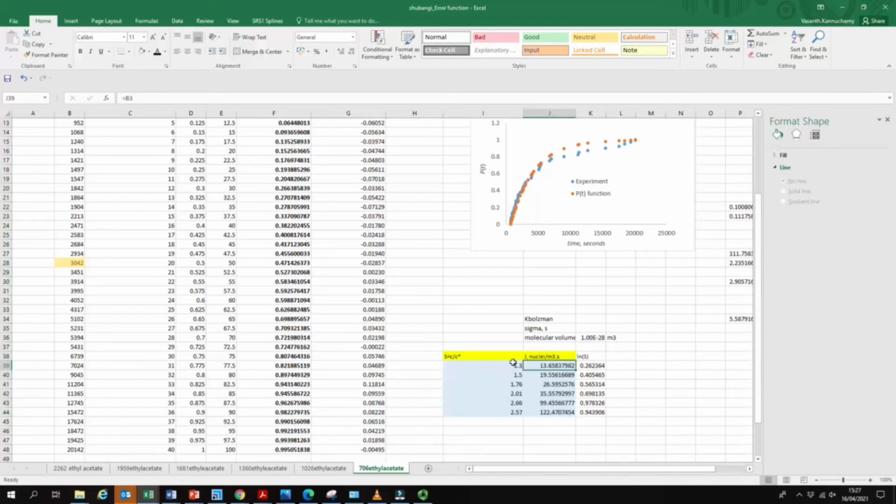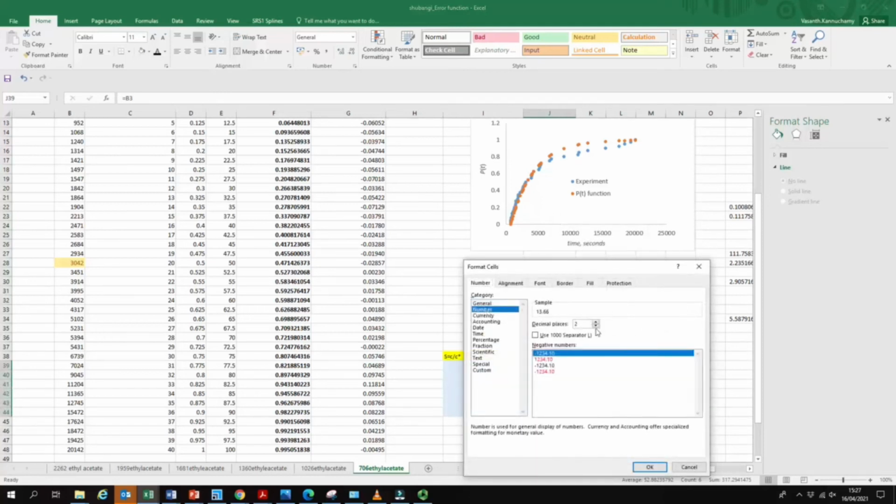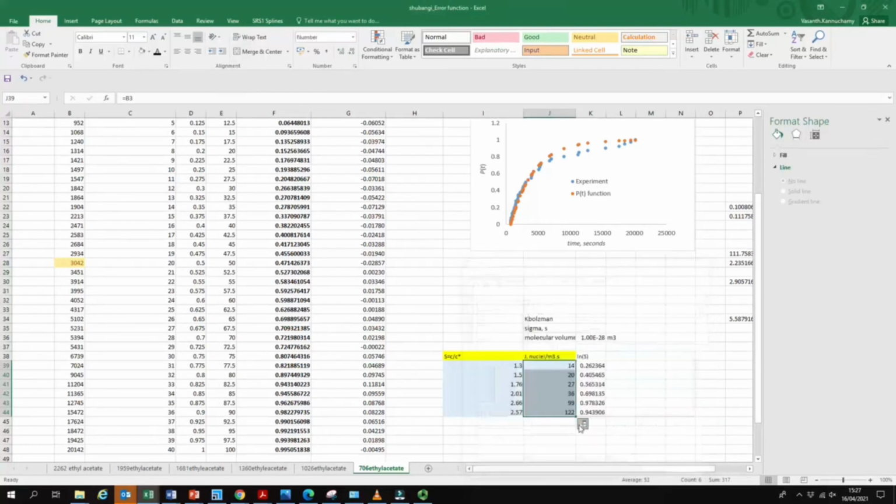As I said to you, nucleation rate should be in integers, so let's change it to integer. Roughly when supersaturation is 2.57, the number of nuclei formed per meter cube of solution per second is 122. That's a big number.